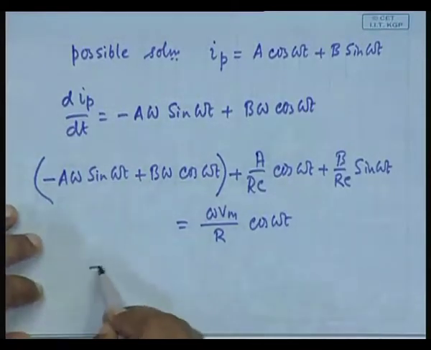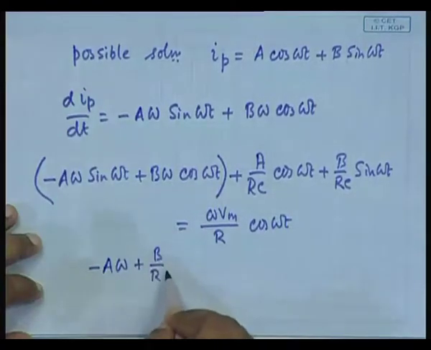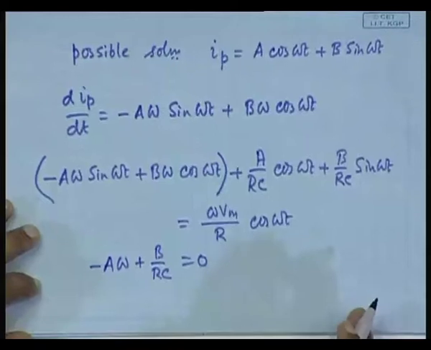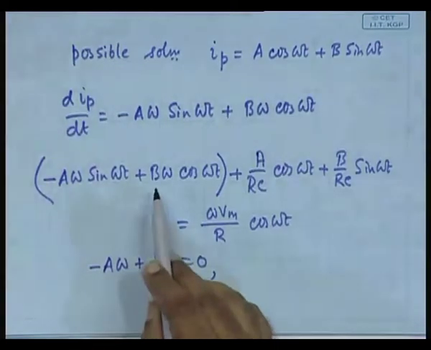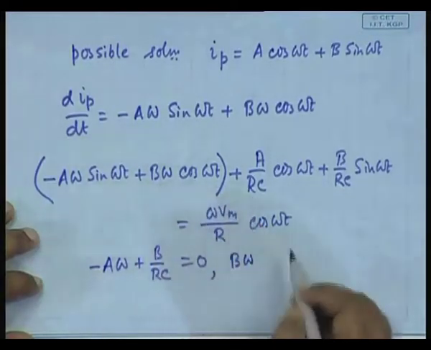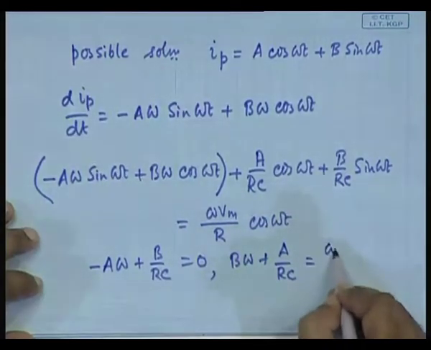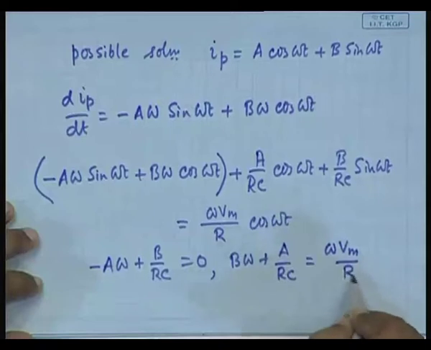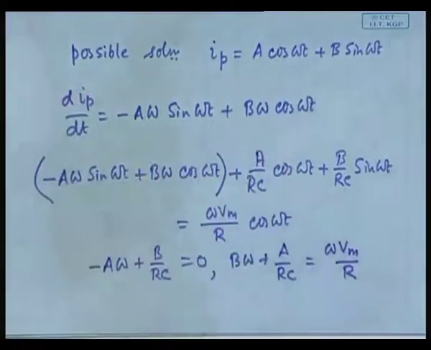So, we can write minus a omega plus b by R c is equal to 0, and the coefficients of the cosinusoidal term, it is b omega plus a by R c is equal to omega V m by R. The point is that yes, they are independent terms, because they are 90 degrees out of phase.